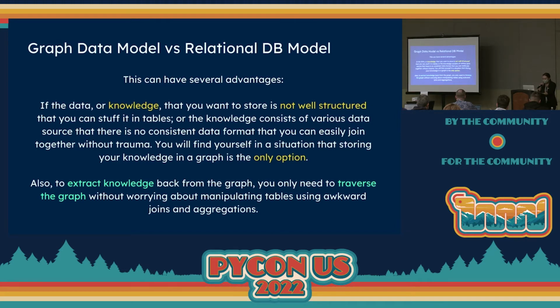Sometimes you have data that is not very 2D friendly, not good for storing in a tabular format. For example, you have data that's very nested, or you have a lot of cross-references. Instead of using some key to refer to each other, you can easily just link them.